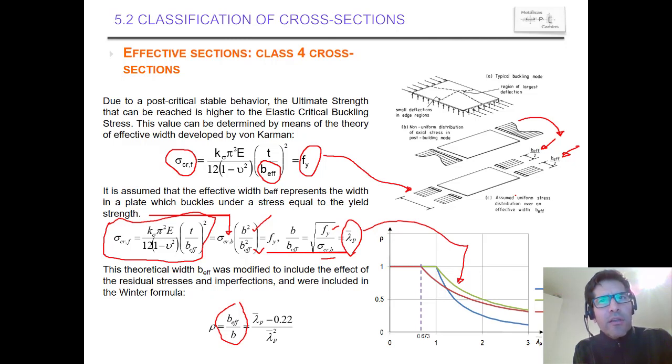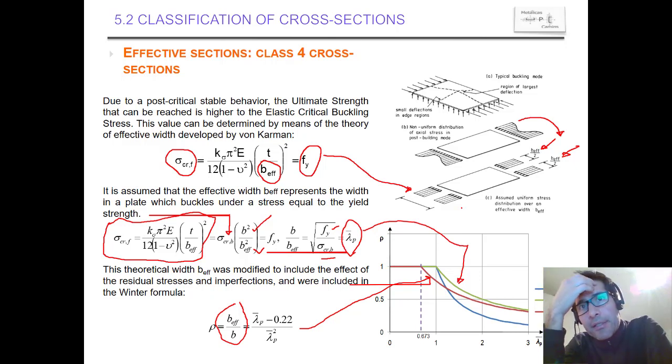So the initial differential equation became a little more complex, but at the end the researcher obtained a more realistic expression called the Winter formula, in which rho equals a quotient between lambda p minus 0.22 and lambda p squared. Okay, and then we have this Winter formula, which is under the von Karman, and that relates rho and lambda.